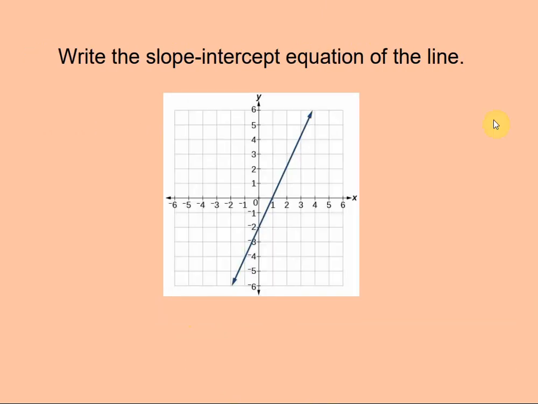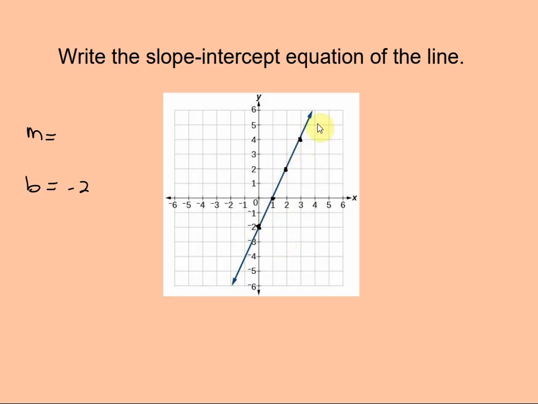All right, here's another graph. Let's find the information we need. We need the slope and the y-intercept. Well, let's see. It's crossing the y-axis at negative 2. And let's see where it is crossing the crosshairs of our graph.